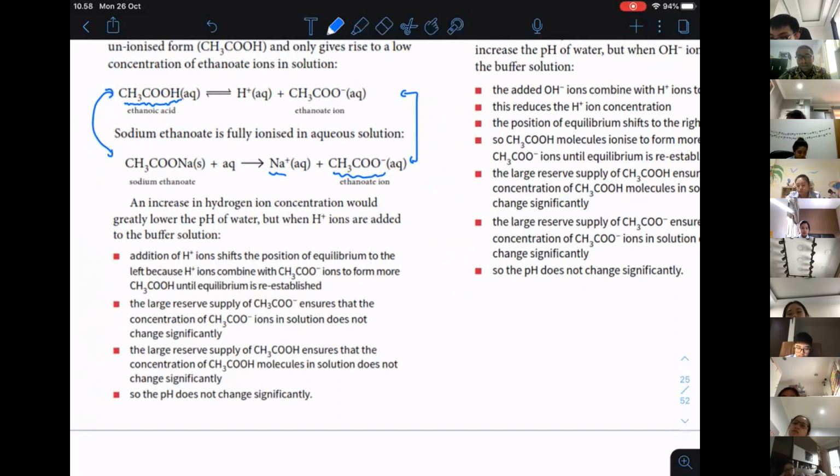But when H plus ions are added to the buffer solution, what happens? That is very important. So here I'm rewriting this equation again. Give me time, I'll rewrite. While waiting for me, you can always read a bit.